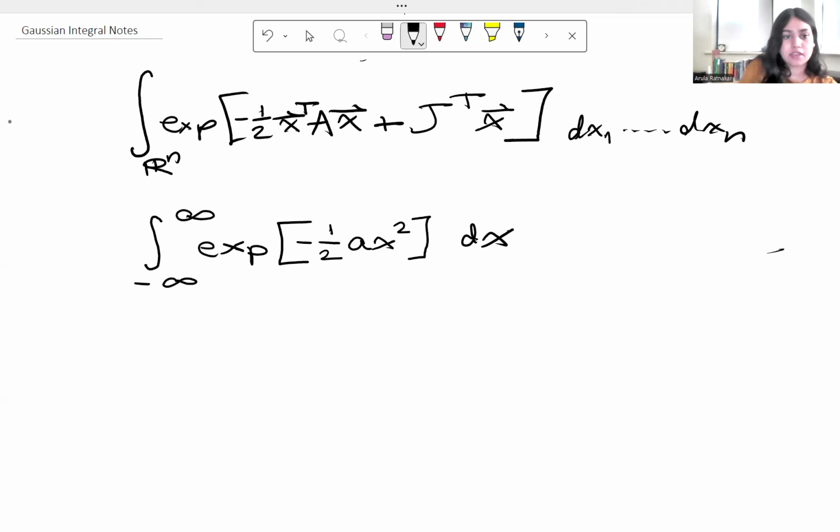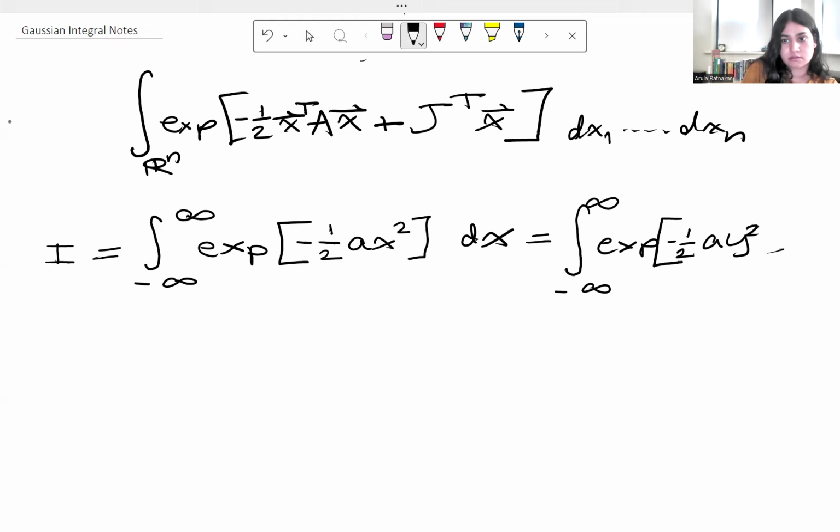So let me briefly go over how to do this integral. We'll call it I. And something that's great about I is that we can also set this equal to the integral from negative infinity to infinity of the exponential, which is just e raised to the power of whatever's in the brackets, of negative 1/2 a y squared, dy. This is the exact same thing.